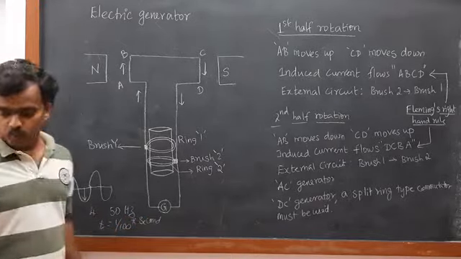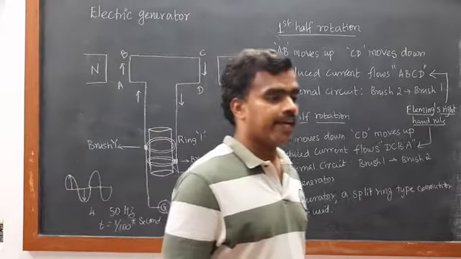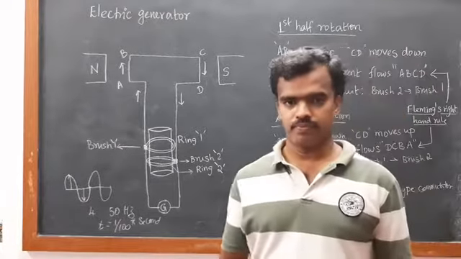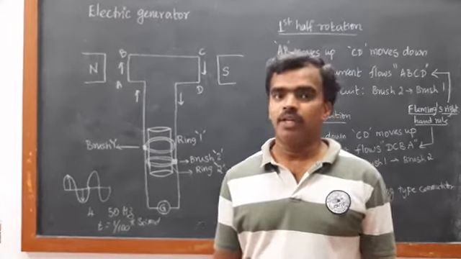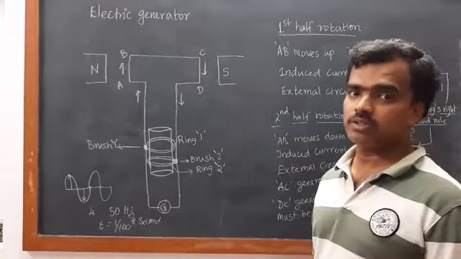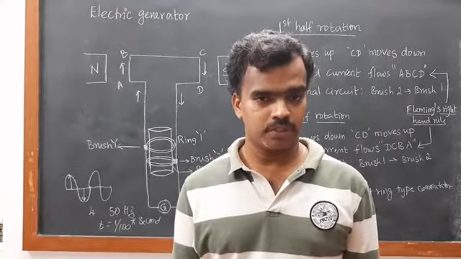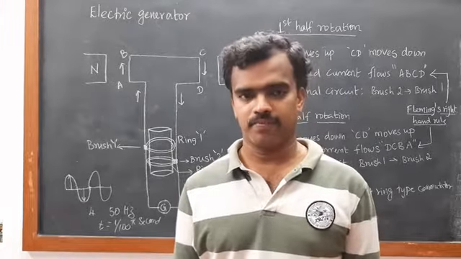One more point: why do we take advantage of AC over DC in transmission? Why do we transmit only AC, not DC? If you use DC current, there will be a large power loss. That's why in transmission lines, we pass only alternating current.